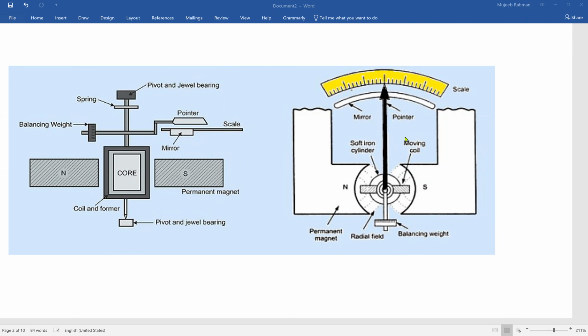If you try to read from the left or right, you may get a wrong reading. So in order to overcome this parallax issue, there is a mirror, and the pointer must coincide with its image, so that the parallax problem can be overcome.